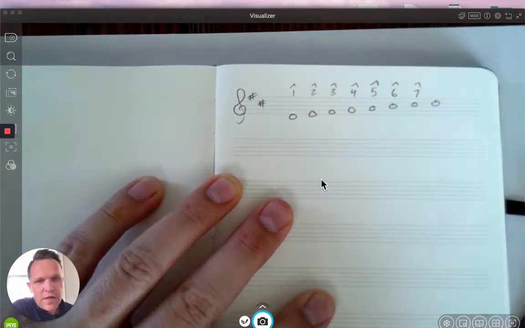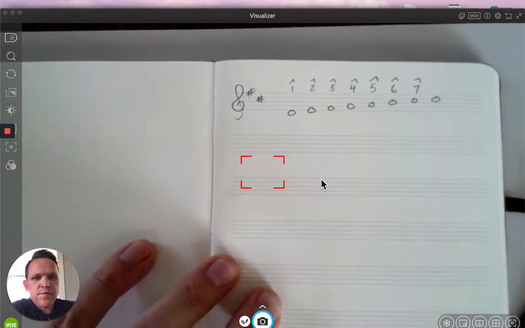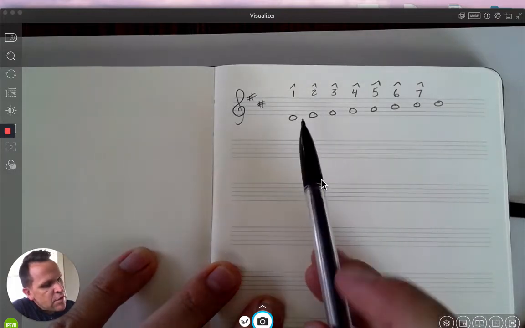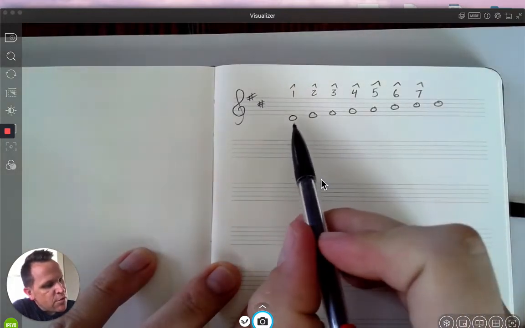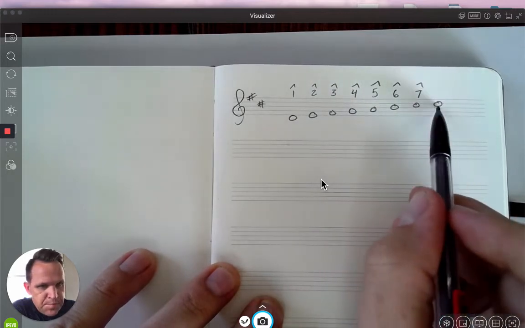You can think of your solfege as well. You have do, re, mi, fa, sol, la, ti, do.